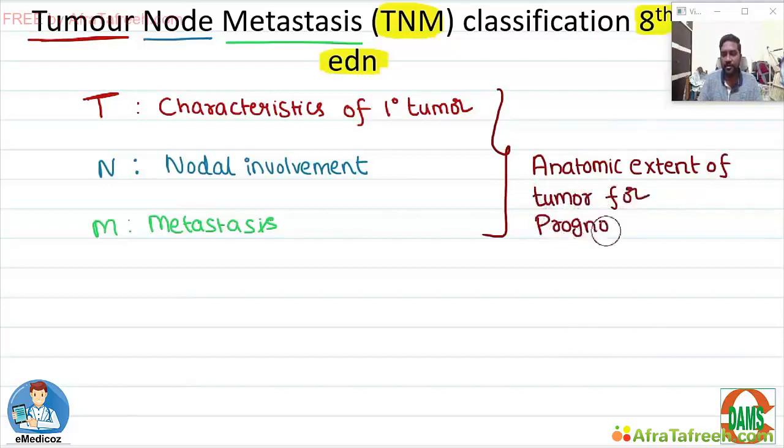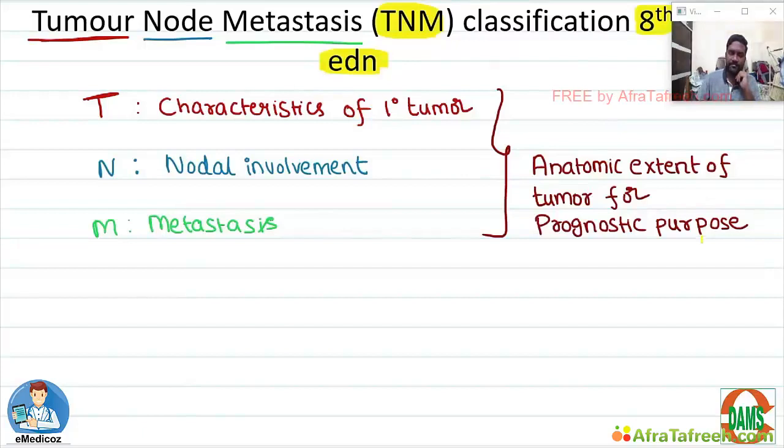For prognostic purposes. By seeing the amount of spread of the tumor, you can roughly assess the prognosis. If the tumor is less extensive, the patient can have a good prognosis. If the tumor is more extensive, the patient will have a bad prognosis.